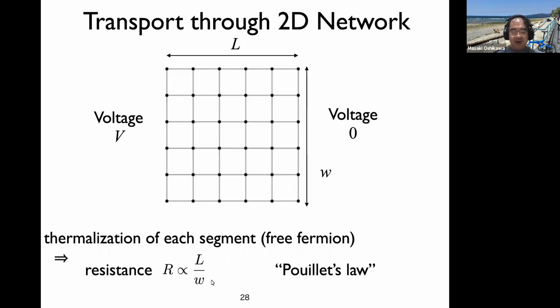This is what we learn in maybe high school physics. Actually, I did not know the name, but this is called Pouillet's law, according to Wikipedia. But again, this coefficient can be determined by the quantum mechanical scattering property of each junction in this model.